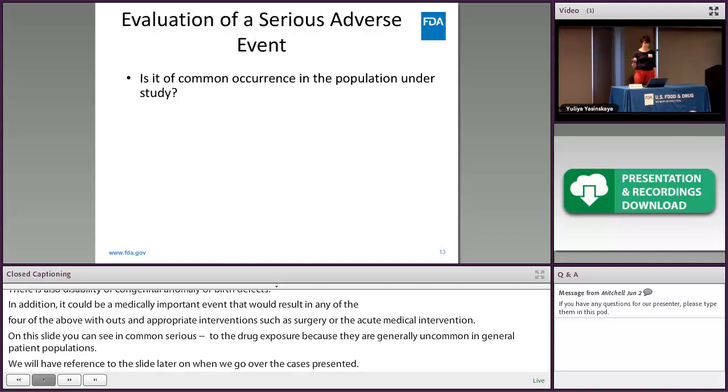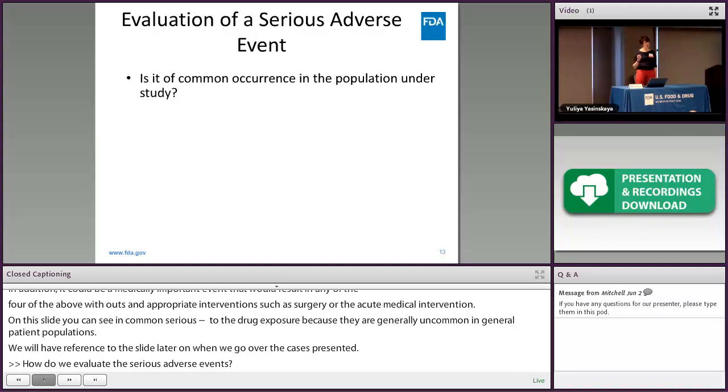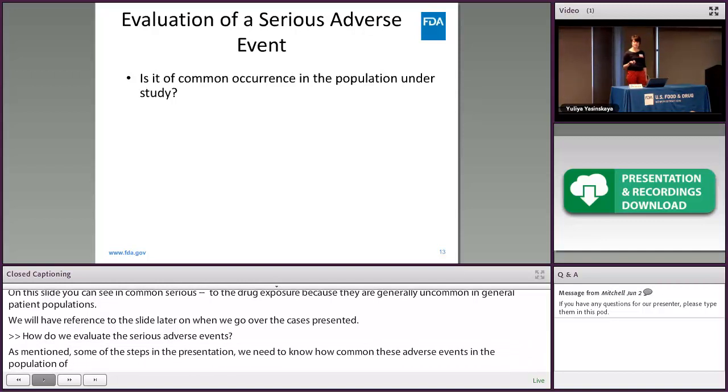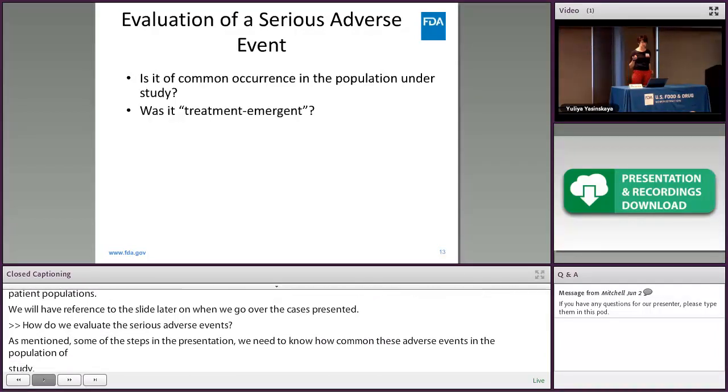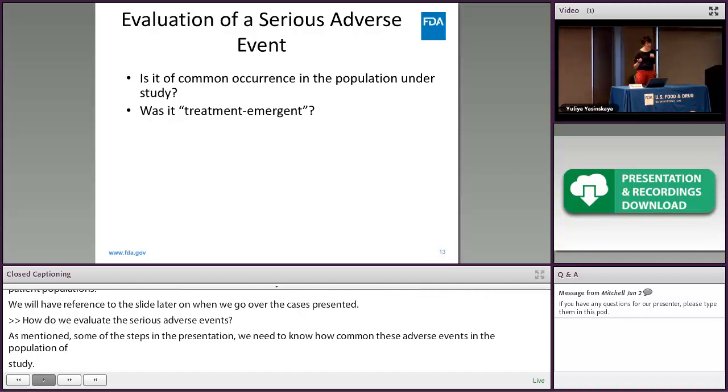We need to know how common these adverse events are in the population under study. Obviously, you can have healthy volunteers, but you have patients who have underlying conditions, and the disease under study can potentially cause some of the adverse events that had been listed as uncommon serious adverse events on the slide before. Is this adverse event treatment emergent?